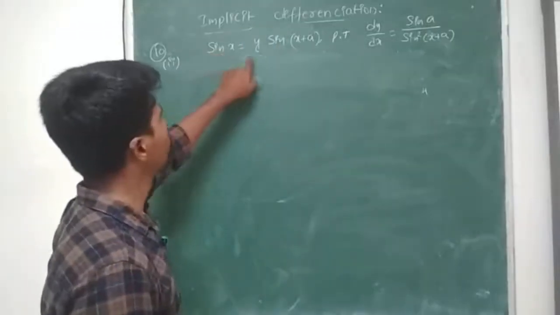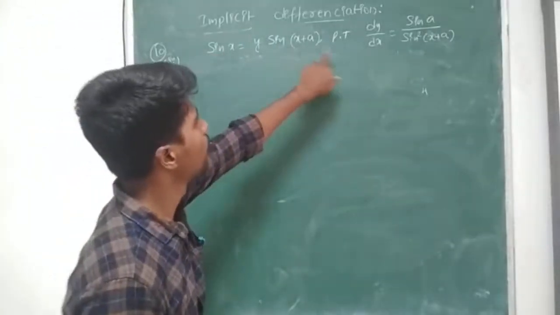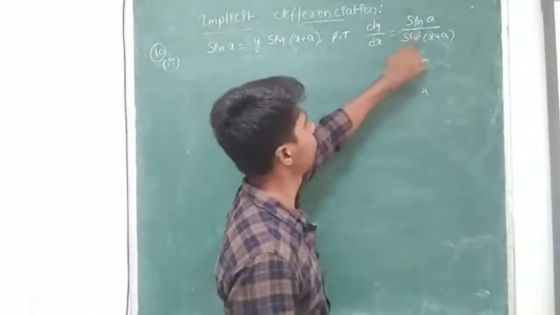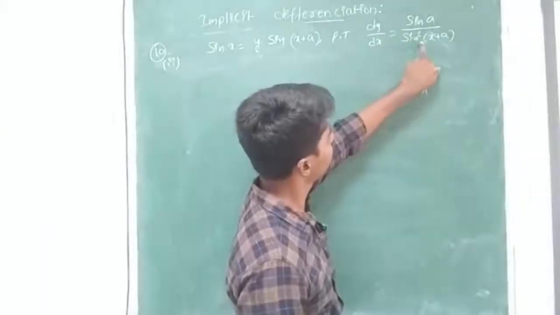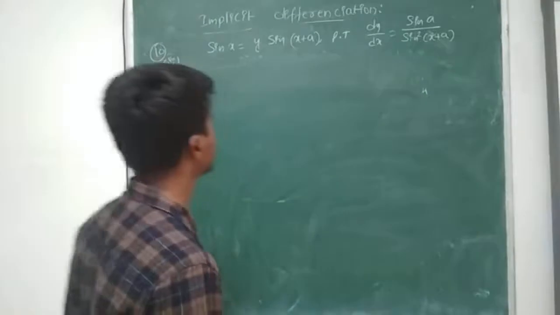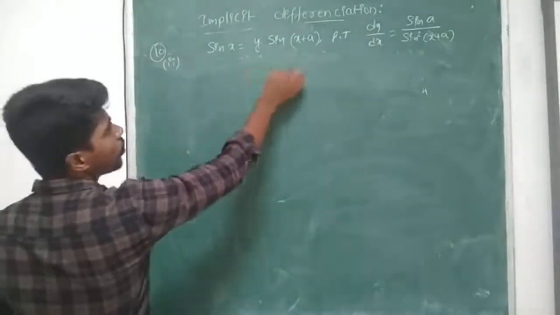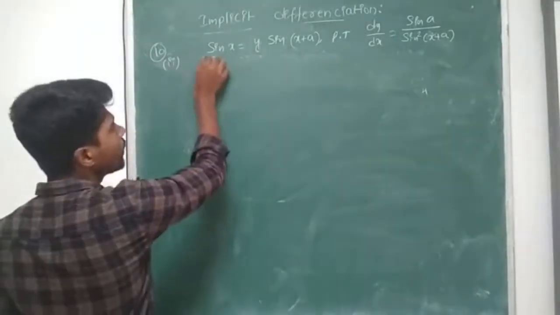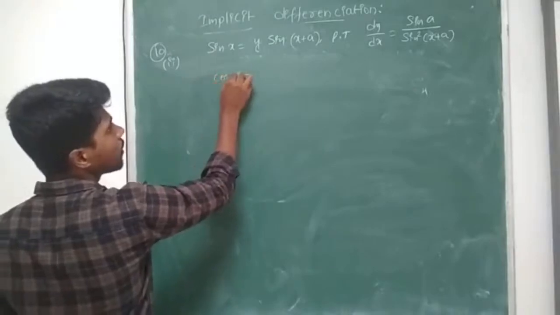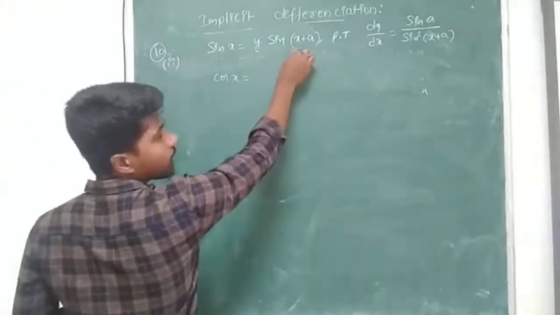sin x is equal to y into sin of x plus a. Prove that dy by dx is equal to sin a by sin square of x plus a. Right. So I have to take its derivative. The derivative of sin x with respect to x is cos x. Now we have it in the uv form.